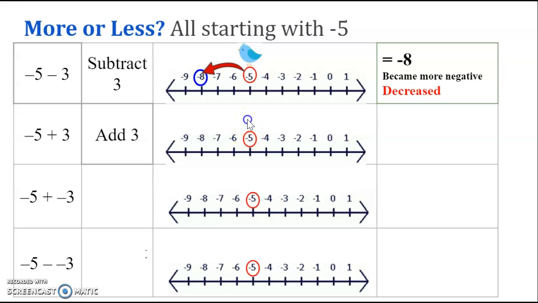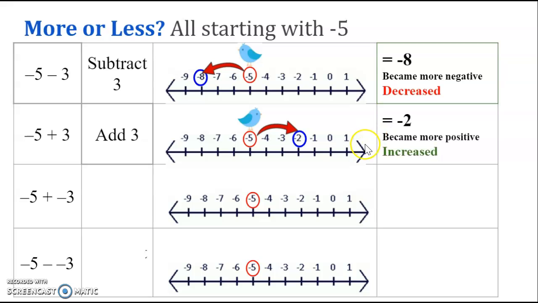So the birdie is going to be facing to the positive direction. And because we are adding a positive number, the birdie is going to go forward 3. If we are adding a negative number, the birdie is going to go backwards. But we're adding +3, so the birdie is going to go forward by 3 units, and you are going to be left with -2.